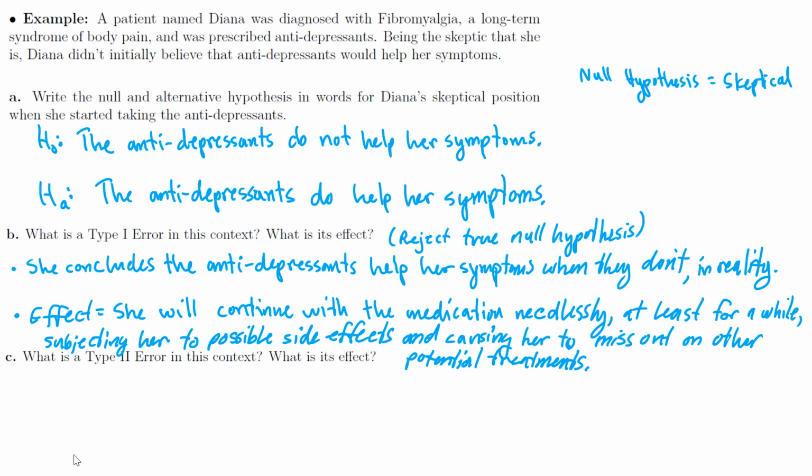All right, what about a type 2 error? Okay, well, a type 2 error in this case would be failing to reject a false null hypothesis. And so what would that mean here? So she doesn't reject this starting assumption of hers when it in fact was false.